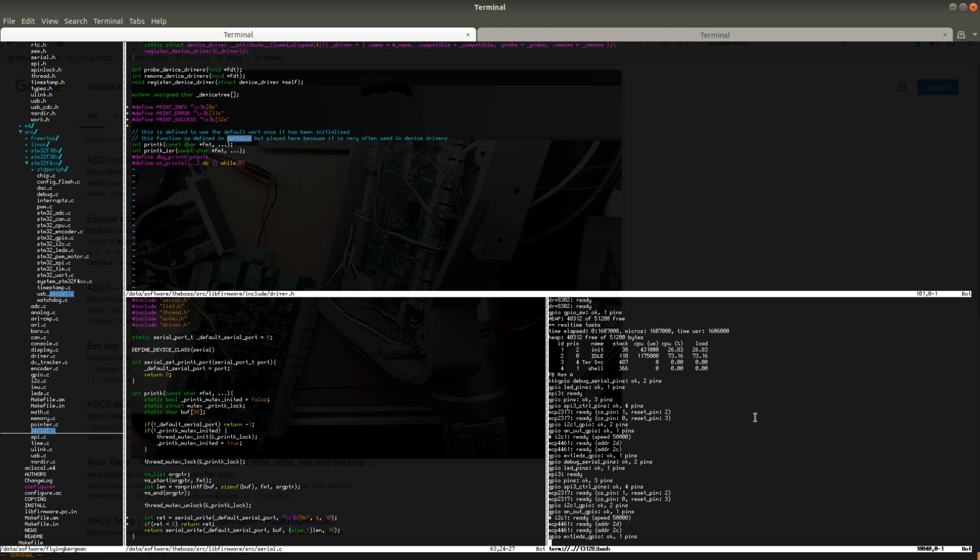I wonder if MCP2317 is actually working. No. 5 volts.